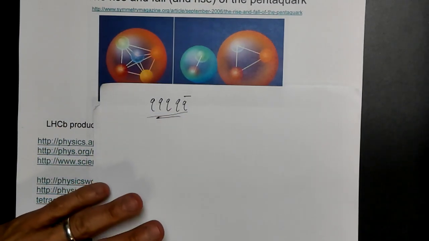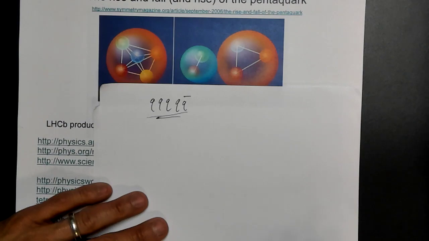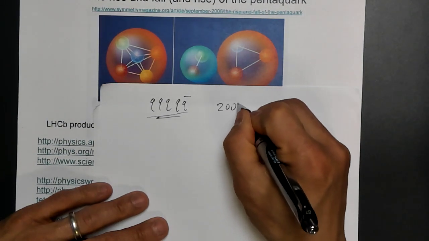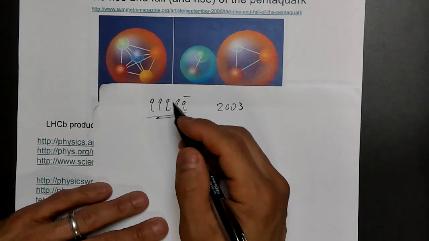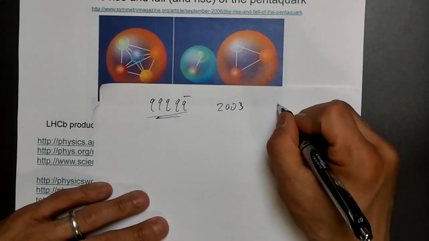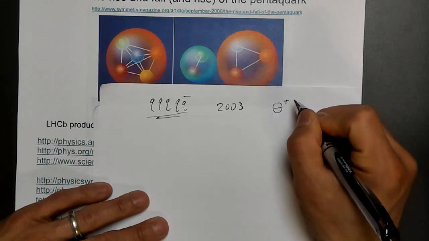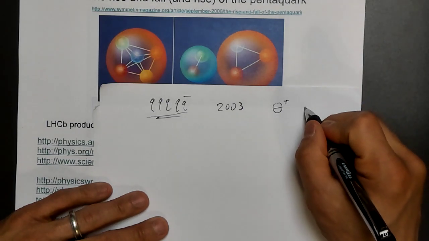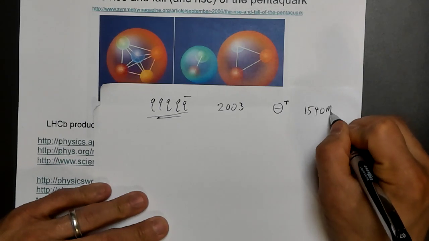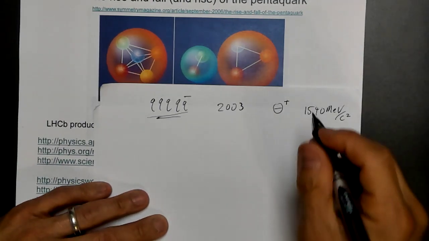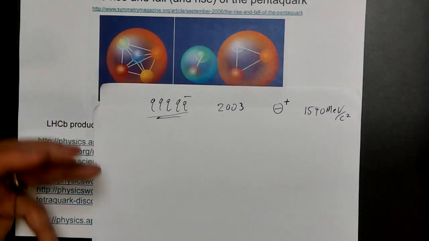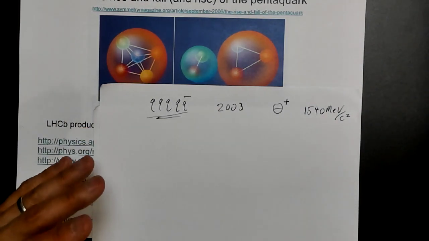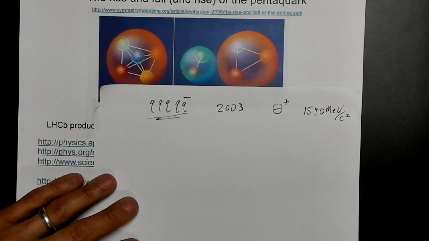Now, back in the early 2000s, about 2003, there was a lot of excitement because they thought that there was something that looked like a pentaquark state, what was called the theta plus state, with a mass of maybe about 154 megaelectron volts over c squared. This was seen in Japan at the time, but then other laboratories started looking for this.